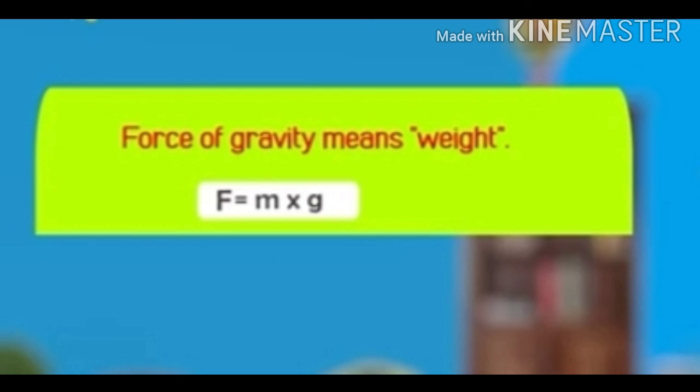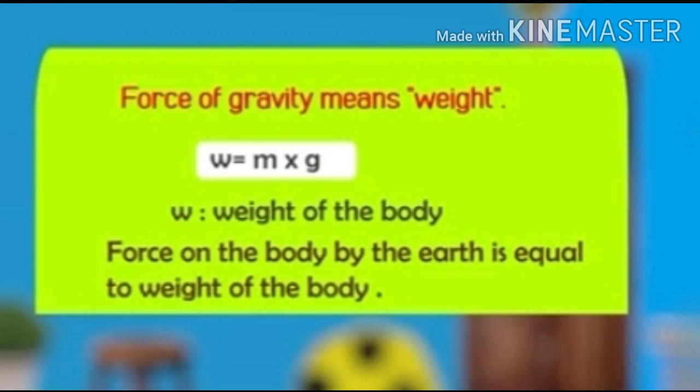So in the next step, we get W equals M into G, where we replace force with W, that is weight, and our equation is W equals M into G.